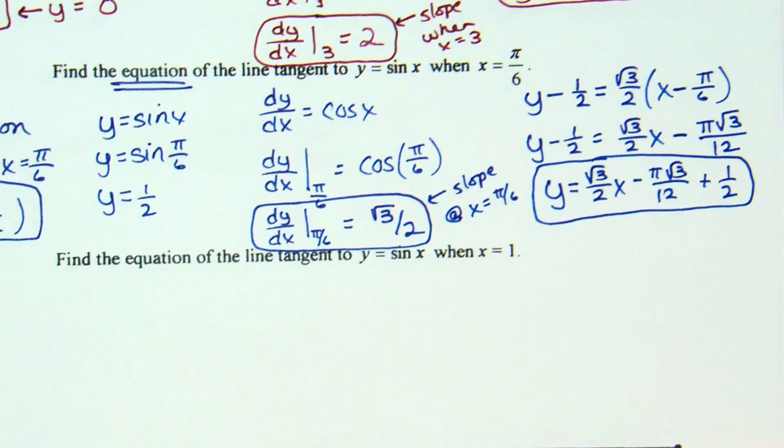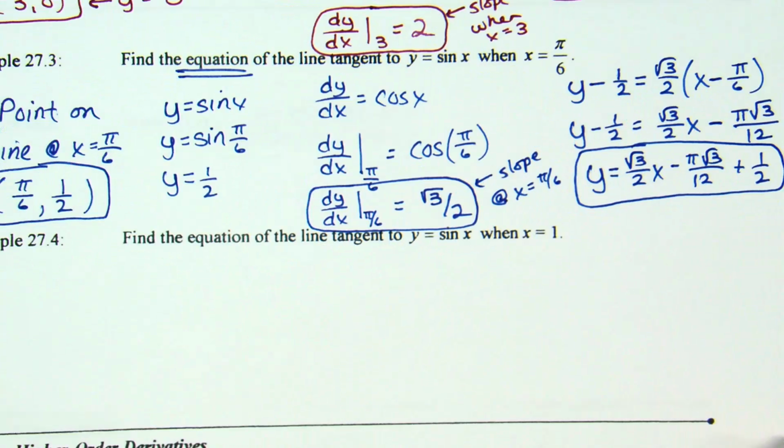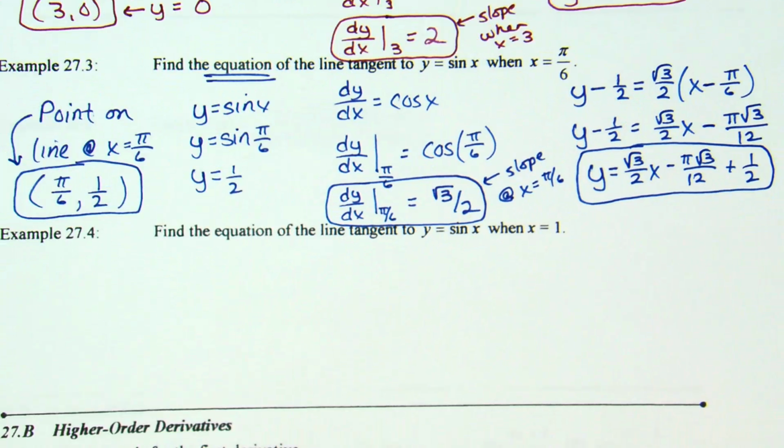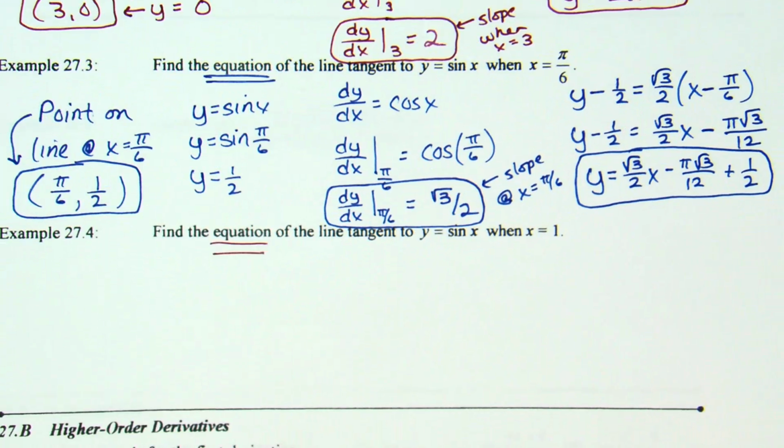So, one last stab. Find an equation of the line tangent to y equals sine x when x equals 1. Am I going to throw you guys off too much if I start with the point? You guys want to start with the slope?